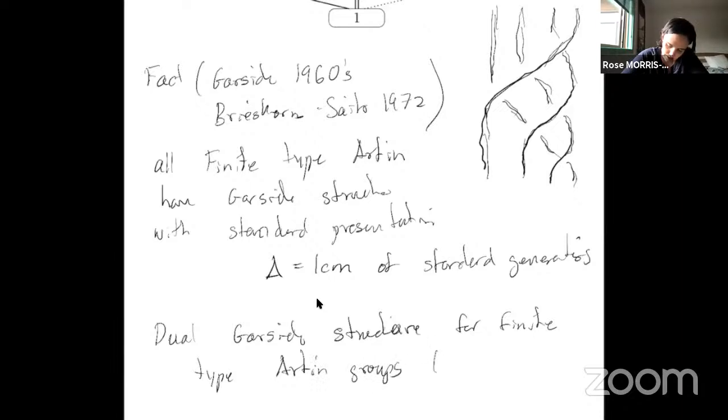This is by Birman, Ko, and Lee in, let's see, I have a date in my notes here somewhere, 1998. So this is a different Garside structure, using a different presentation. They get a different Garside structure for the same groups.